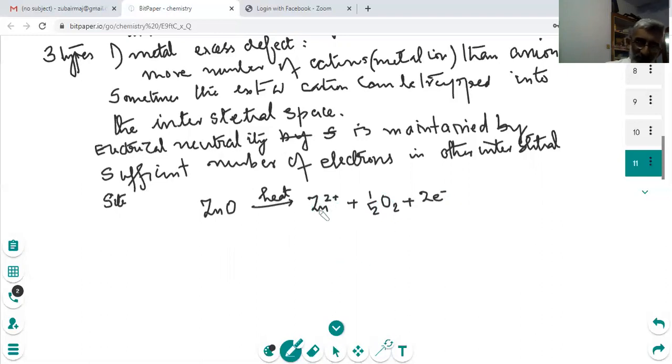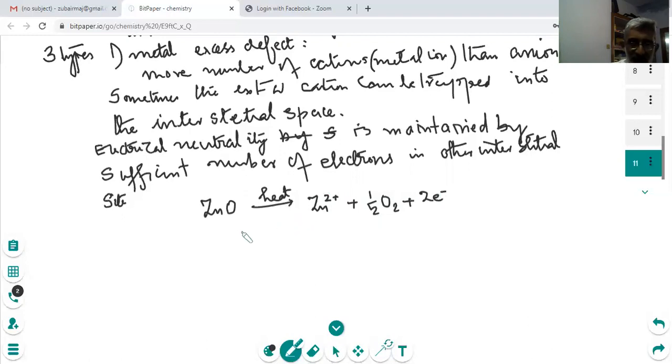So you have the Zn2+ in the crystal in some site, and 2 electrons occupying some other site or interstitial space. Don't think that it's completely getting converted. Just a small portion will get converted.